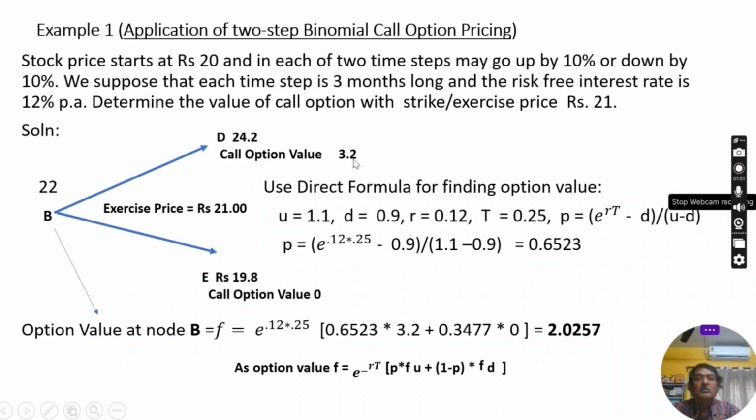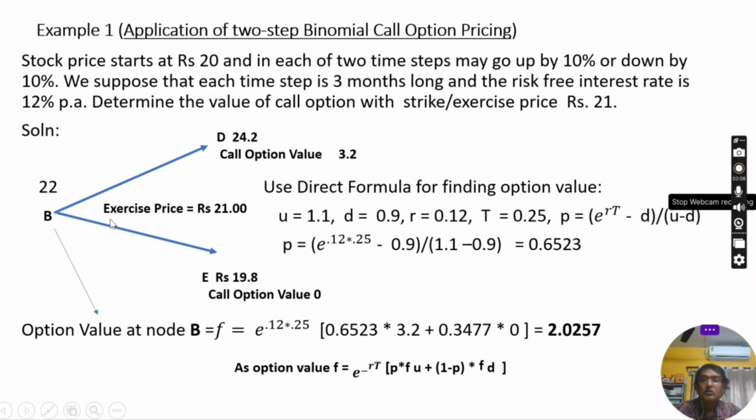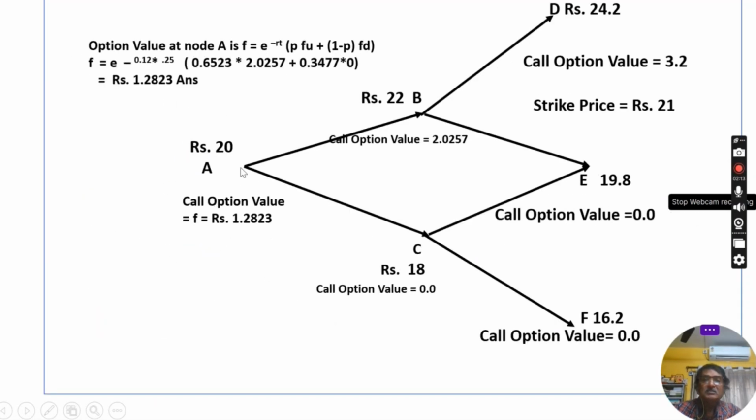It is better first to see the entire steps of the binomial option pricing model. This is the picture where two steps are being shown, and then we'll come back to this single part. How? That I'm going to discuss. This is the initial price, rupees 20, that means the starting price, and the price may go up by 10% and may go down by 10%.